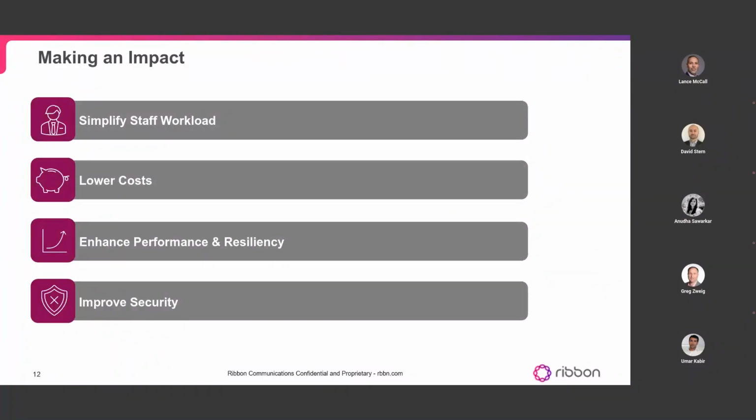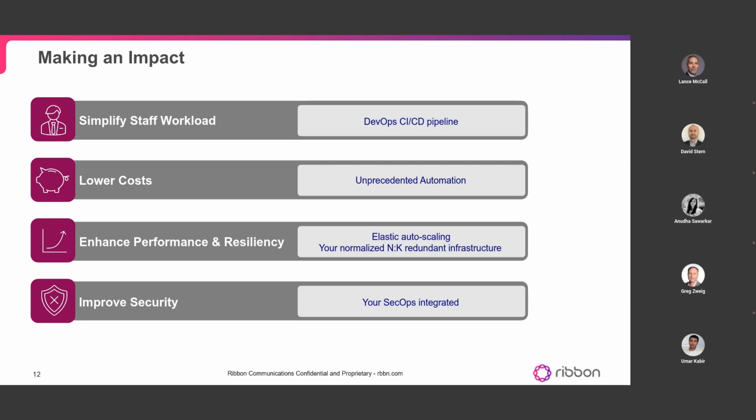So we've talked quite a bit about the impact of moving to a cloud native offer, that being to simplify staff workload, to lower costs, to enhance performance and resiliency, as well as improve security. What aspects of the cloud native offer allow you to enjoy these benefits? With regards to the staff workload, it's the availability of the DevOps continuous integration, or more importantly, the continuous deployment pipeline.